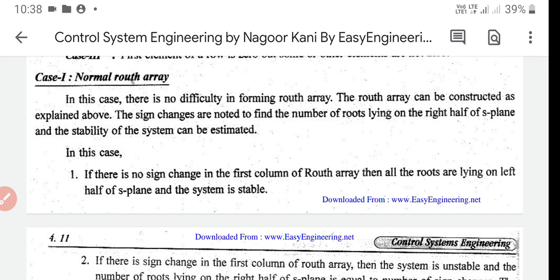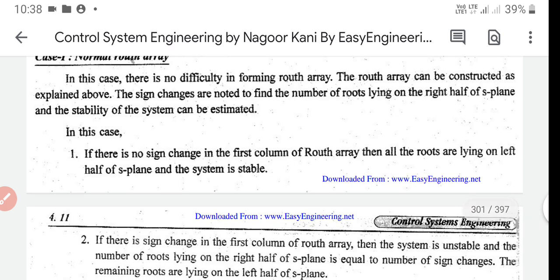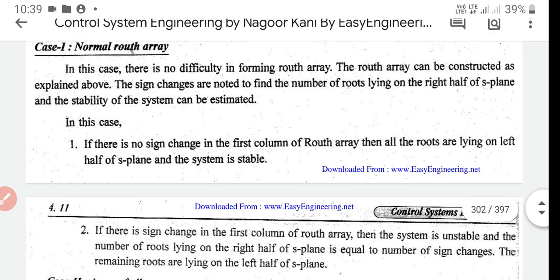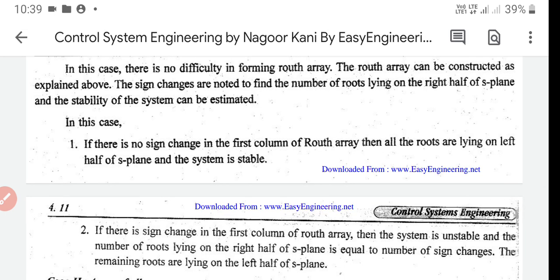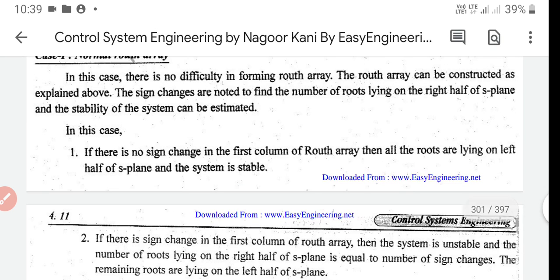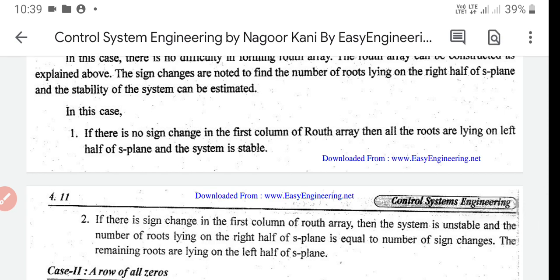Based upon the sign changes, the roots may be lying on the left-hand side or the right-hand side of the S-plane. If the roots are lying on the left-hand side of the S-plane, the system is a stable system. If the roots are lying on the right-hand side of the S-plane, the system is an unstable system.